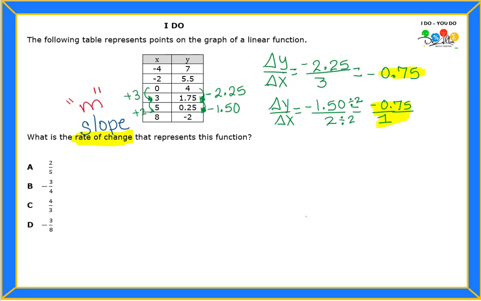But since we're trying to practice a little bit, I want to do the actual formula for a slope. So let's find a slope over here. To find a slope, I need to write down my formula, which says m equals y sub 2 minus y sub 1 over x sub 2 minus x sub 1.